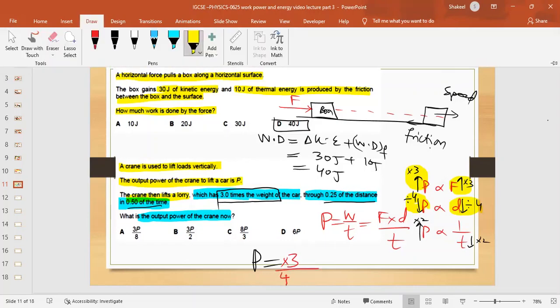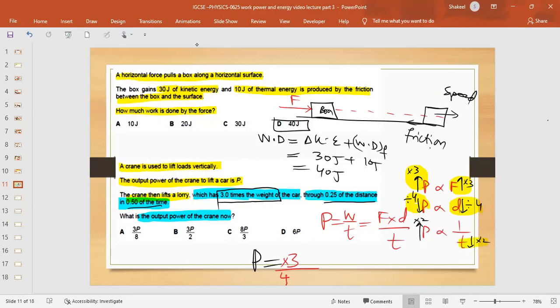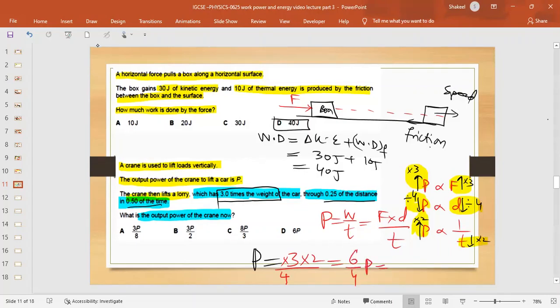And then time decreases 2 times, so power increases 2 times. So it is equivalent to 6 by 4, which is 3 by 2 of the original power compared to the car. So it is 3 by 2 P. This was a bit of a tricky question. You can look at this video again.